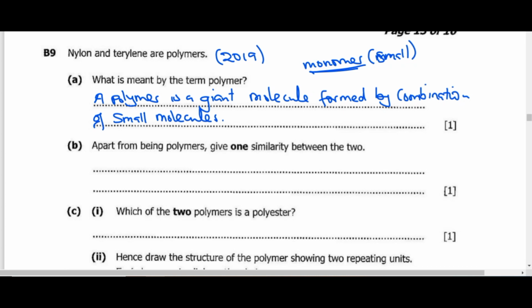So the similarity between the two, we can say both are synthetic polymers.